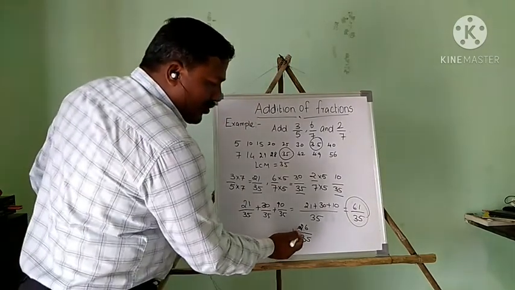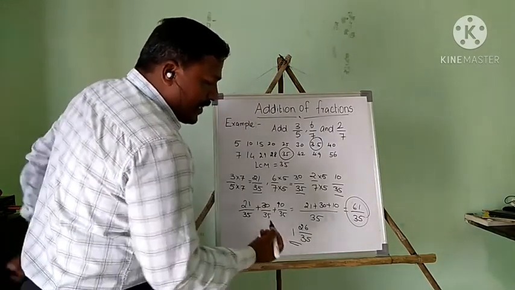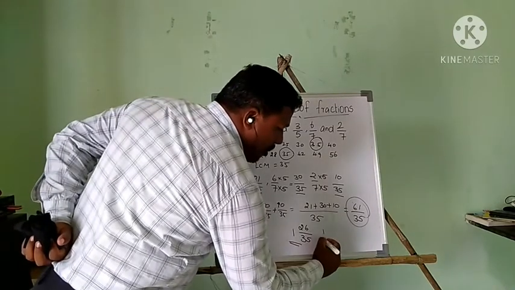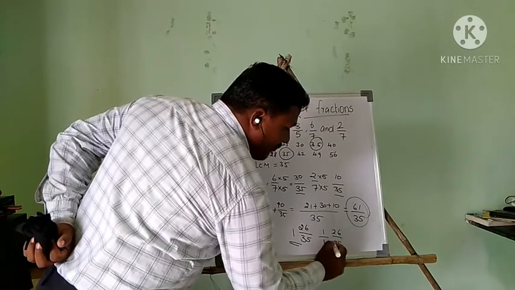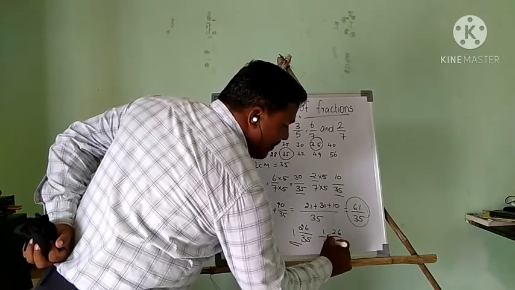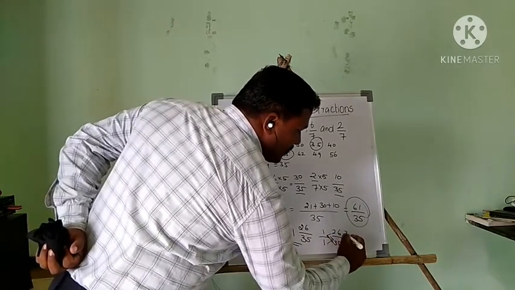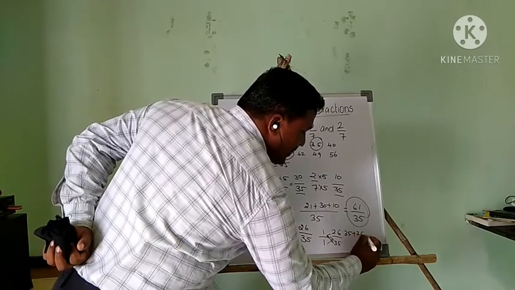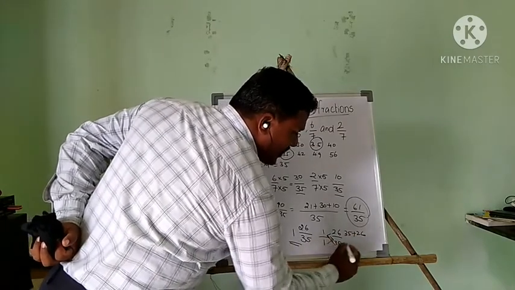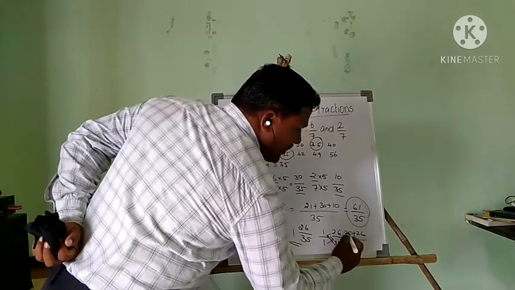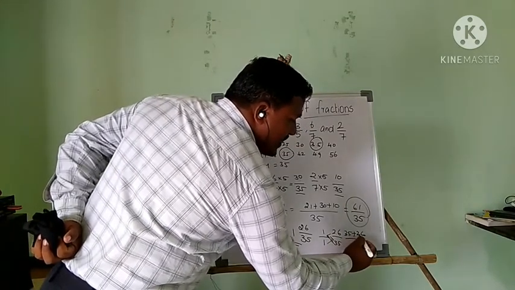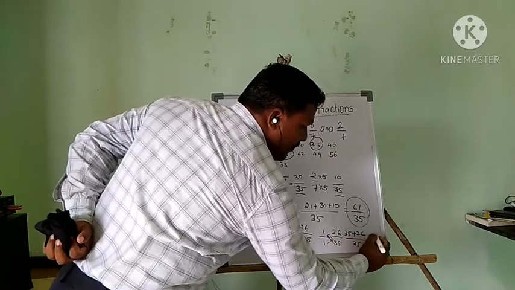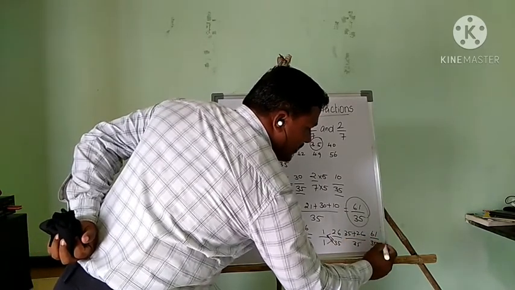How? 1 26 by 35. If you cross multiply 35 times 1, plus 26, then 35 plus 26 is 61. So 61 by 35.